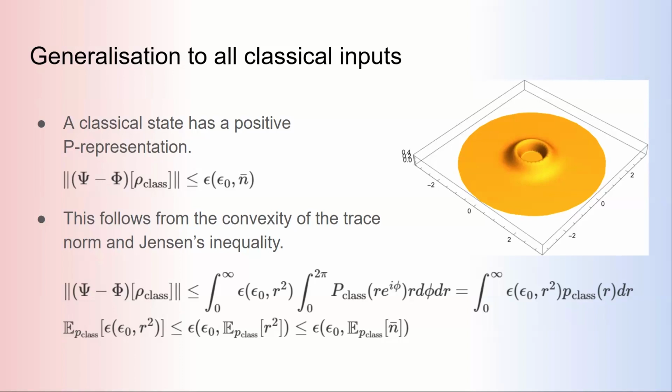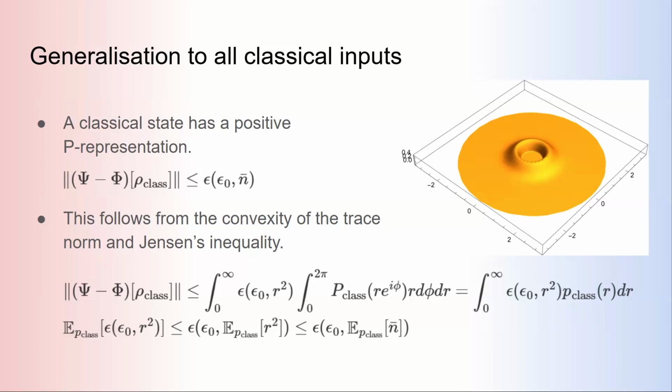Basically, it's less than or equal to the integral of the expected value of this function of ours over the classical probability distribution, and the expected value of a function is the function of the expected value if we have a probability distribution.